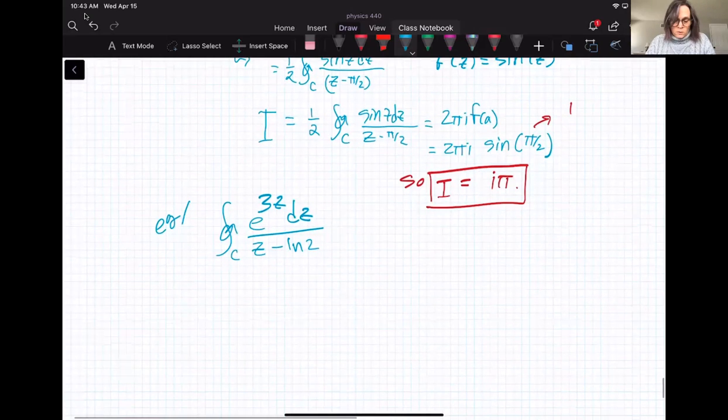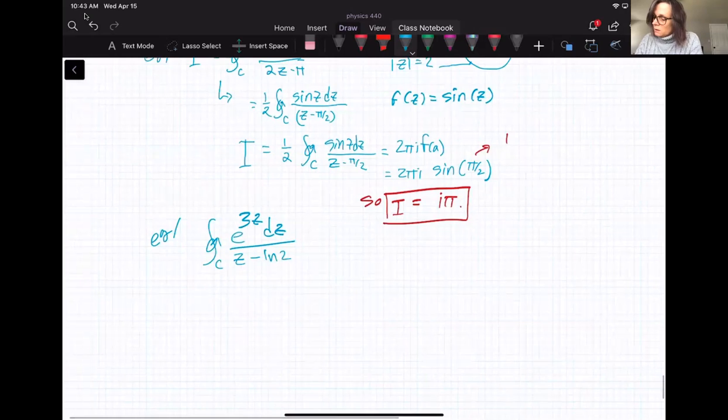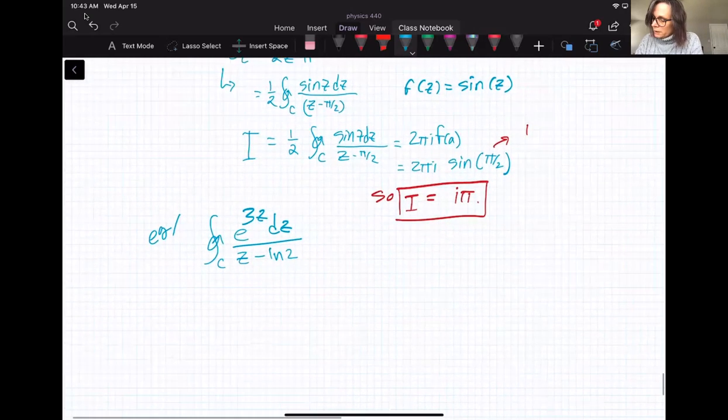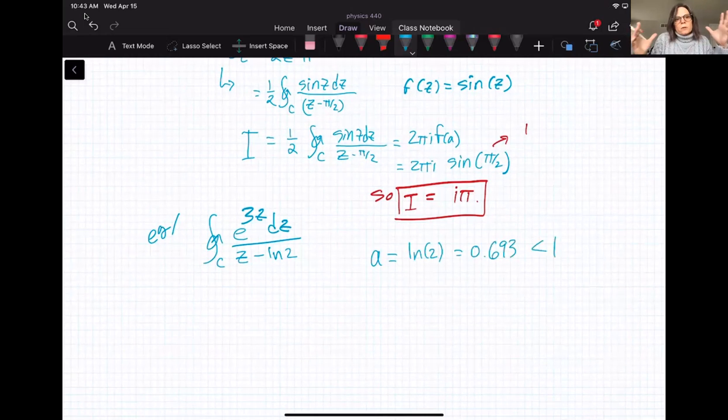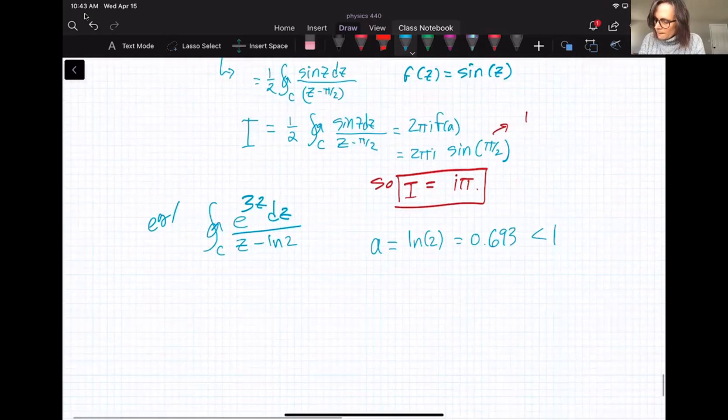And if we want to solve this, first we need to know where this blows up. So our singular point A is equal to log of 2, which is basically 0.693. That's less than 1. So we could do this with a unit circle, or we could bound it to our contour.